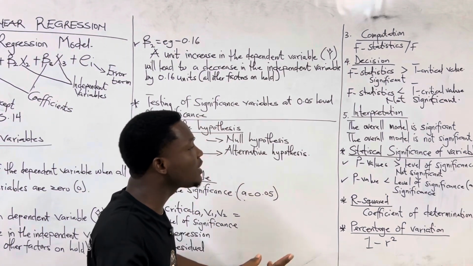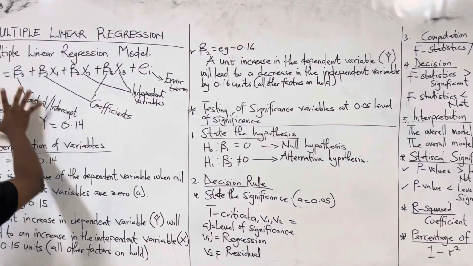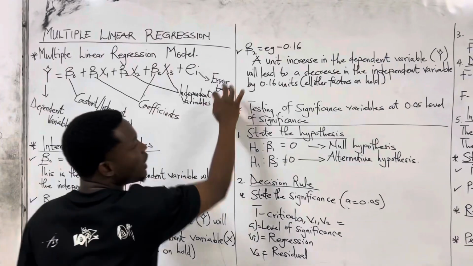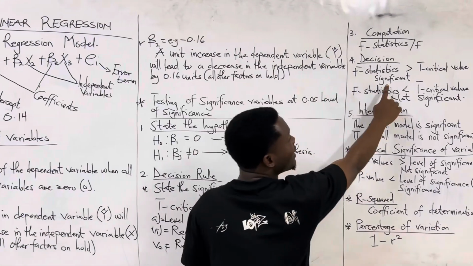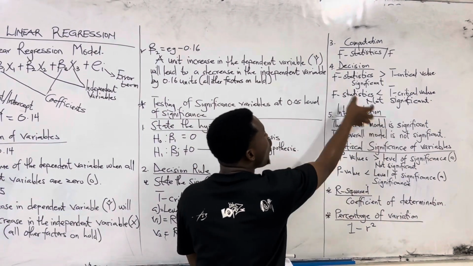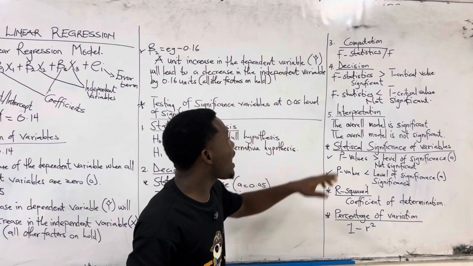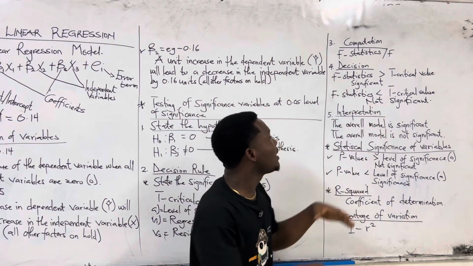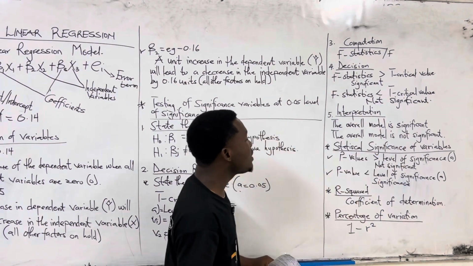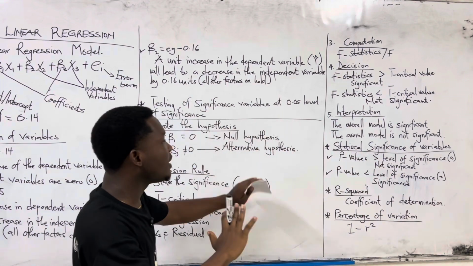You interpret the decision by saying that the overall model, if our f statistics is greater than the t critical value, it means the whole model, the overall model is significant. But if our f statistics is less than the t critical value, then it means the overall model is not significant. That's the interpretation.